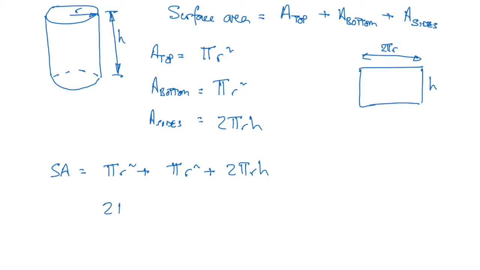So we have 2 pi r squared plus 2 pi r h, and we can do our substitution because we know the height of the cylinder, which is 0.82 meters. The total surface area, we're told in the question, takes a value of 2.